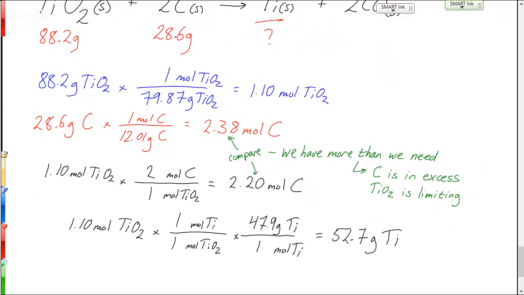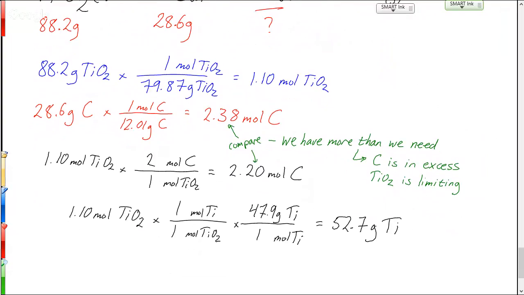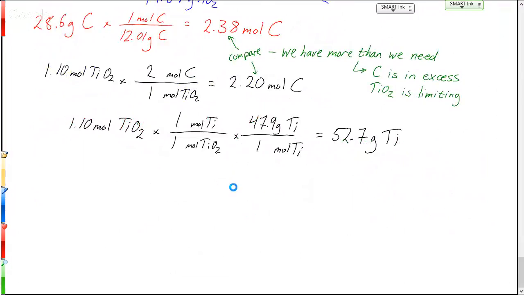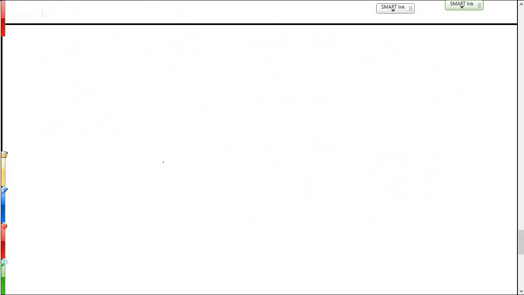Okay. Last thing we're going to talk about before the break, and then we'll come back and talk about solutions and reactions, is this idea of yield.